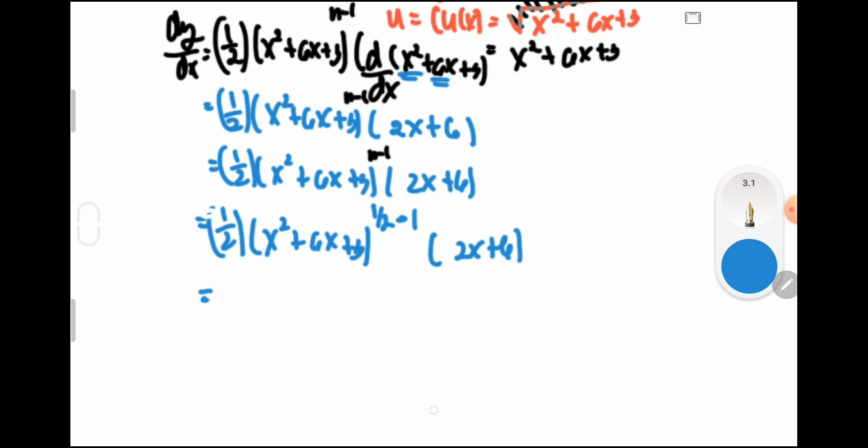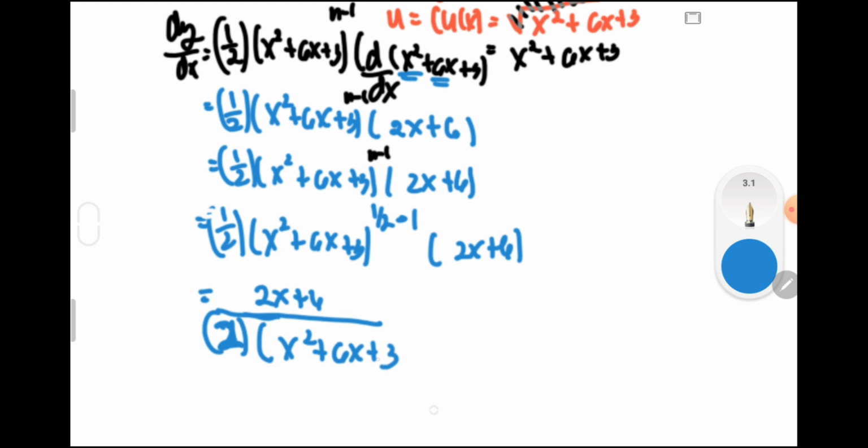So we'll have a value equal to 2x plus 6 multiplied by 2 multiplied by our x squared plus 6x plus 3 raised to positive 1 half.